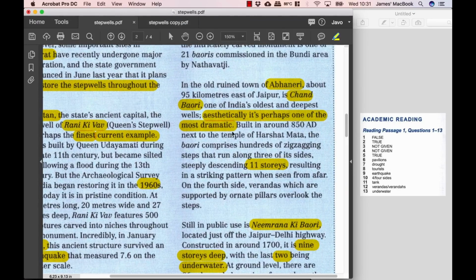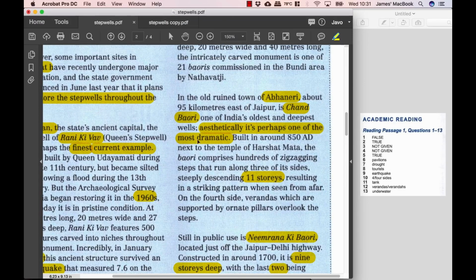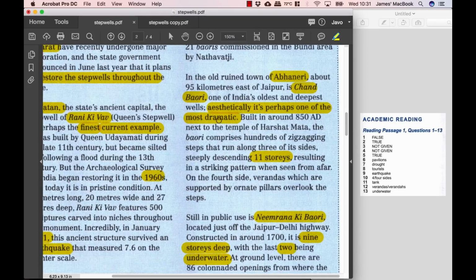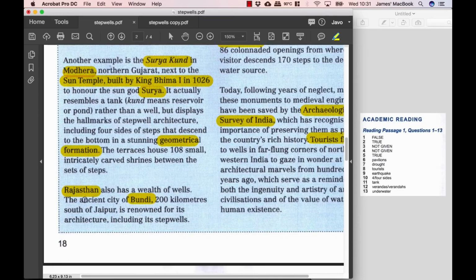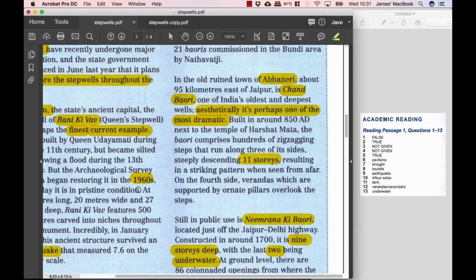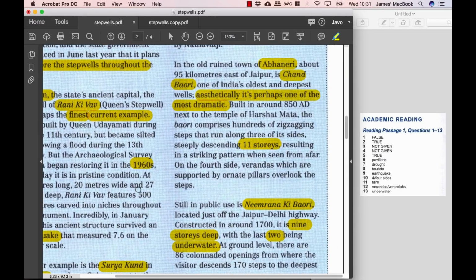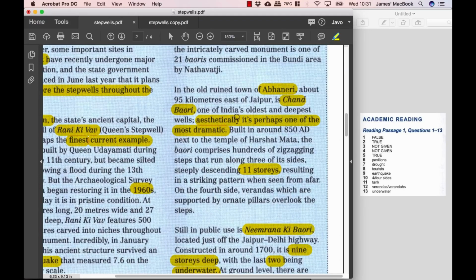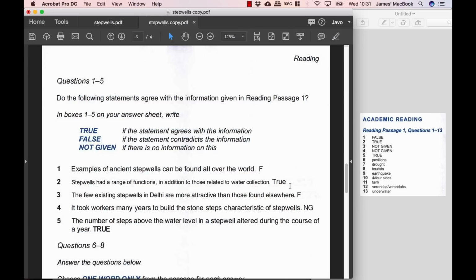Aesthetically, perhaps the most dramatic, one of the most dramatic. Perhaps they meant of the ones mentioned within Rajasthan, as opposed to everything that they've mentioned in this article. But I think that's a little bit unfair, that question. Anyway, that's what they say, so we have to change it.